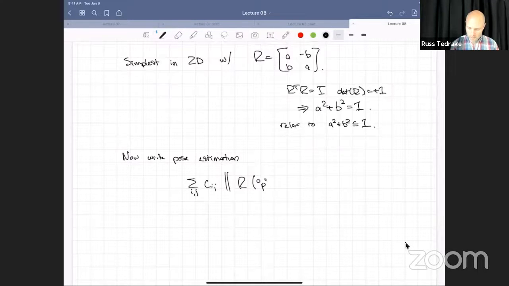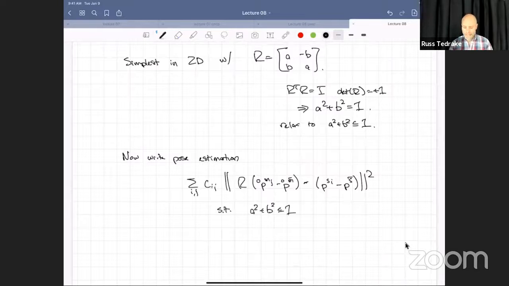All of my favorite stuff here, subject to A squared plus B squared less than or equal to 1. And this gives me the ability to add things like R times my p_mj is greater than or equal to 0, for instance. That's an optimization problem I can hand to a solver, and the solver will do good things with it.